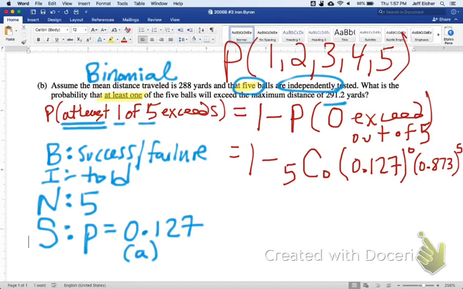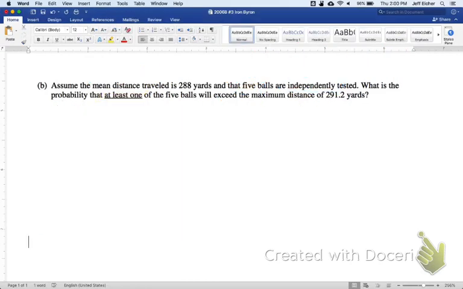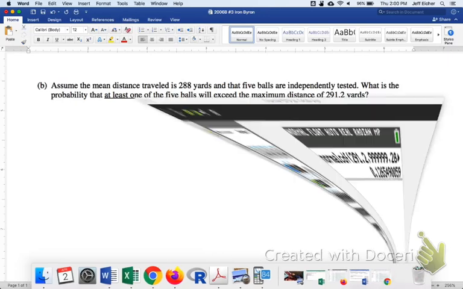So if we calculate that, that whole thing would give us the probability that at least 1 exceeds.